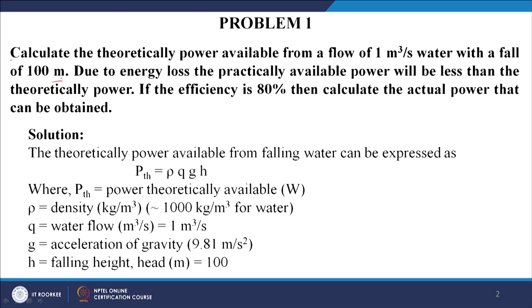Due to energy loss, the practically available power will be less than the theoretically available power. If the efficiency is 80%, then calculate the actual power that can be obtained. So, this is the problem statement.